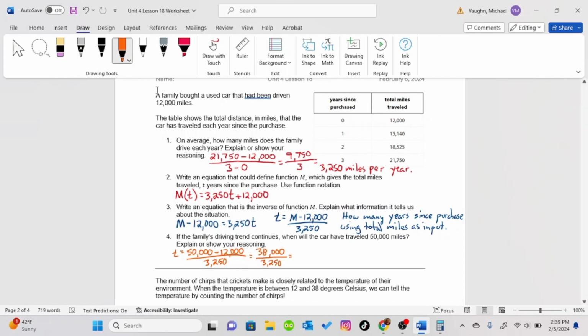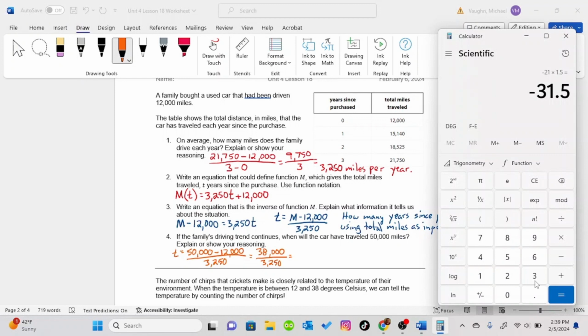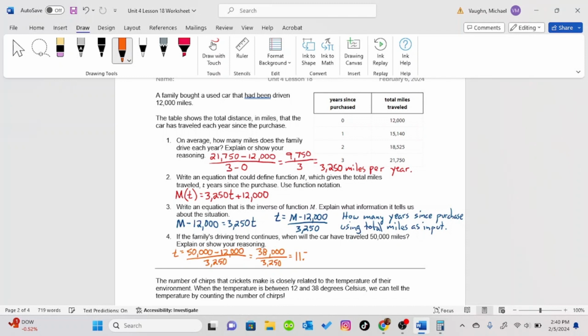And 38,000 divided by 3,250 equals 11.7. And time represents years after purchase.